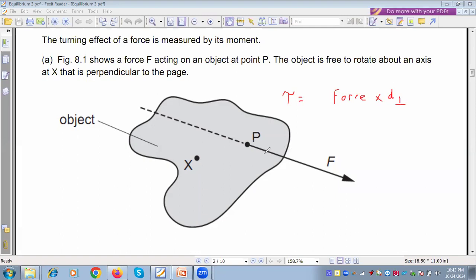So perpendicular distance, how will we show? The force is already extended. This is the line of action of the force. So what will be the perpendicular distance? Is this the distance? No, the distance is not perpendicular. So this is not the right distance I have taken here. What will be the right distance? This. So this is at 90 degree to this. So force into perpendicular distance.